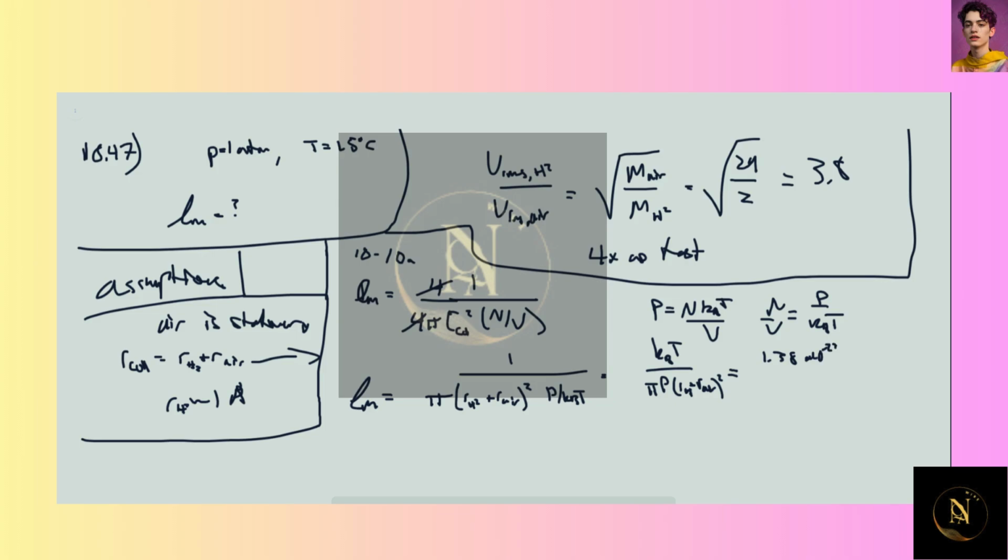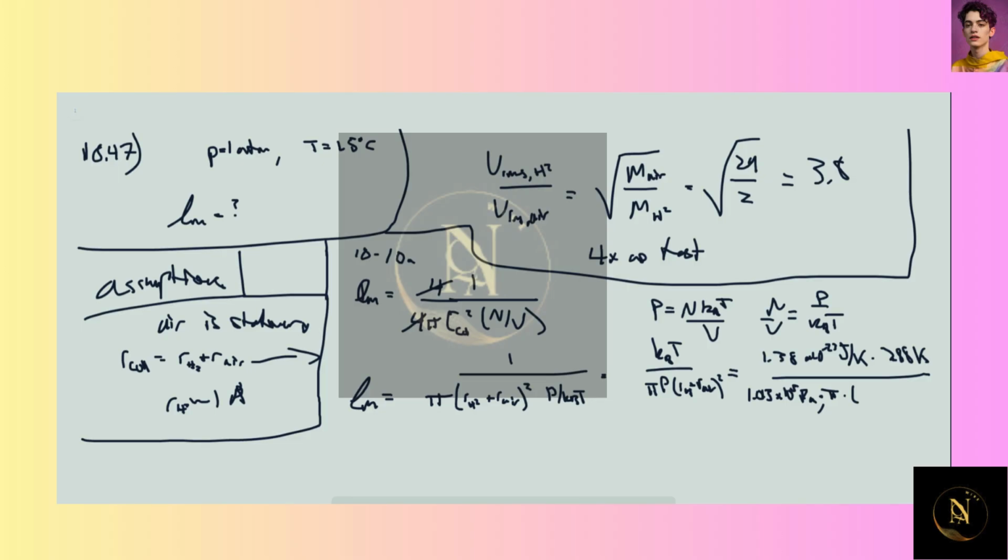times 10 to the negative 23 joules per Kelvin times 288 Kelvin, all over 1.013 times 10 to the 5 pascals times pi times.